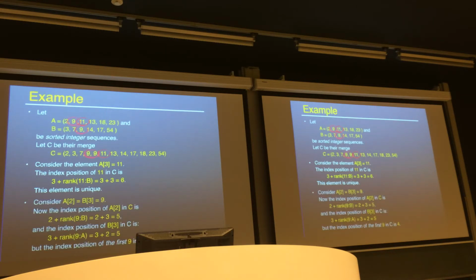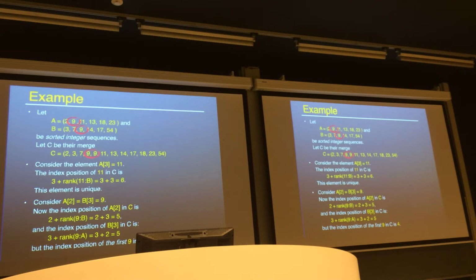But now look at the two elements 9 here in A and B. If we apply the procedure for finding the index position of 9 in C, then we should reason as follows. The index position of A_2, 9, in C equals 2 plus the rank of 9 in B. The rank of 9 in B is 3, because it occurs at the third position.